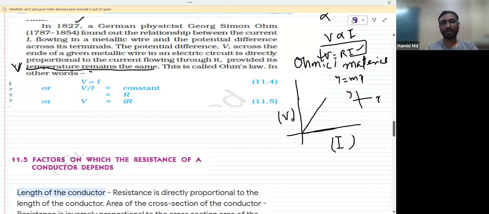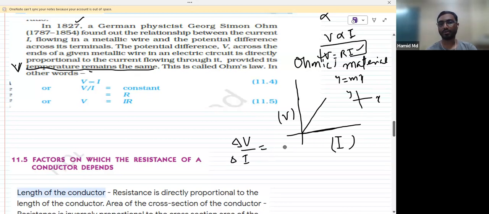The next thing is that R plays a very crucial role. If you take V over I, the ratio, what will you get?